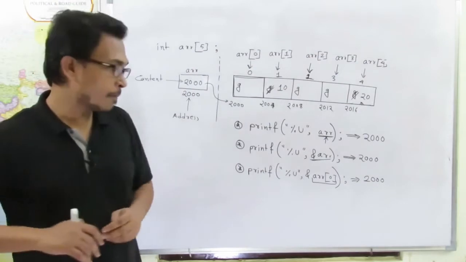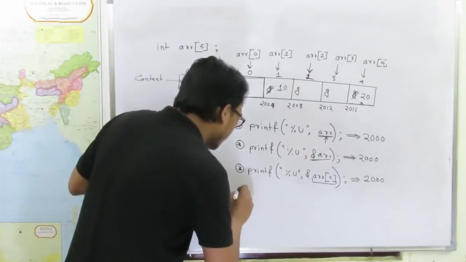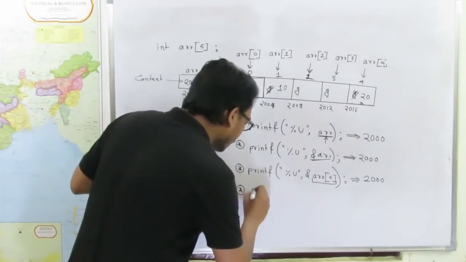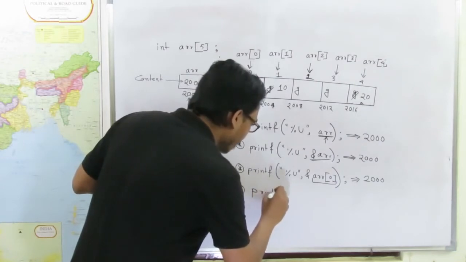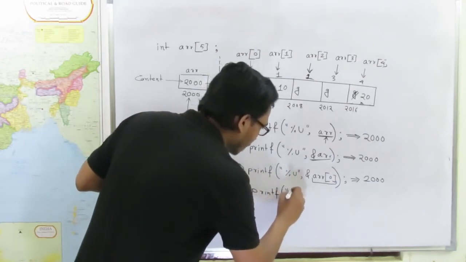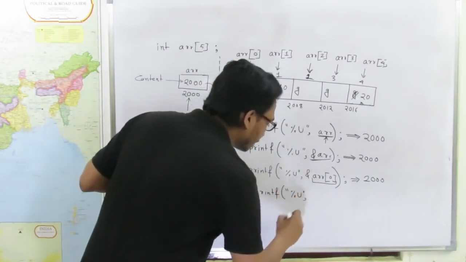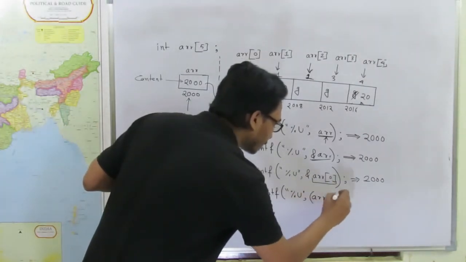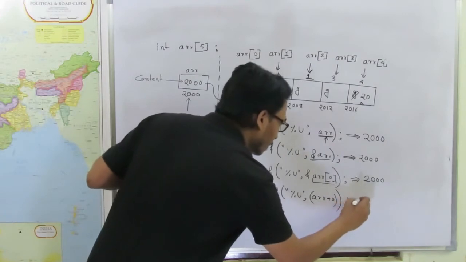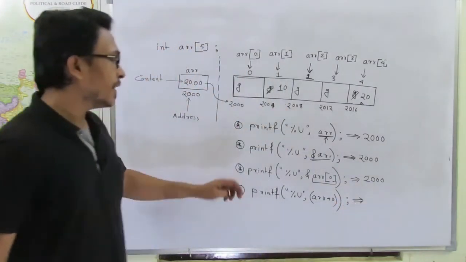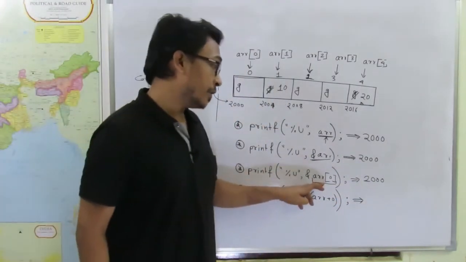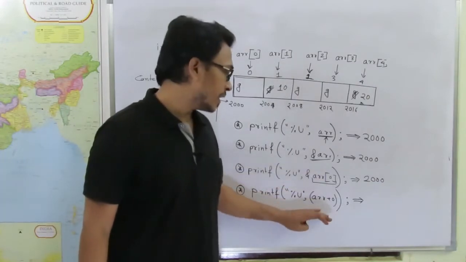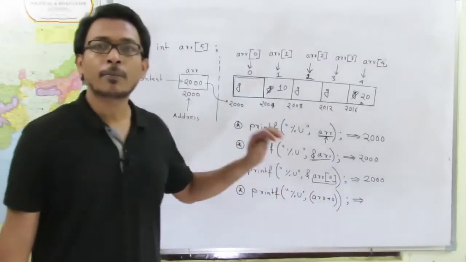Clear? Now the next instruction, printf %u then arr plus 0. In the previous case we used array notation, but in this case we are using pointer notation.